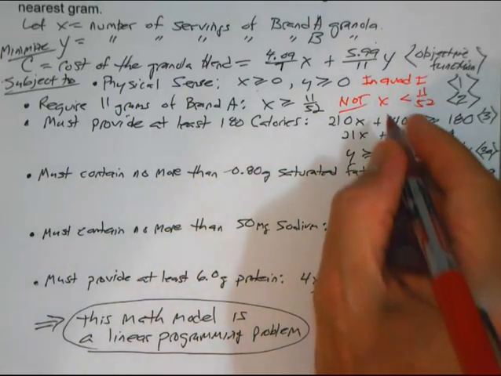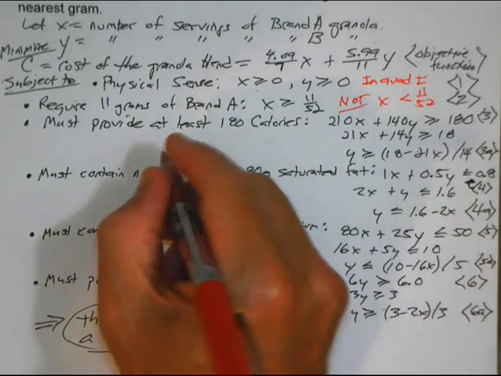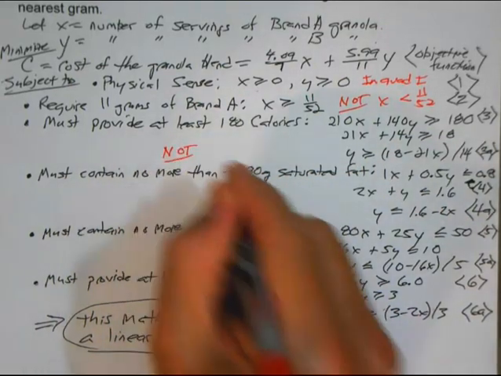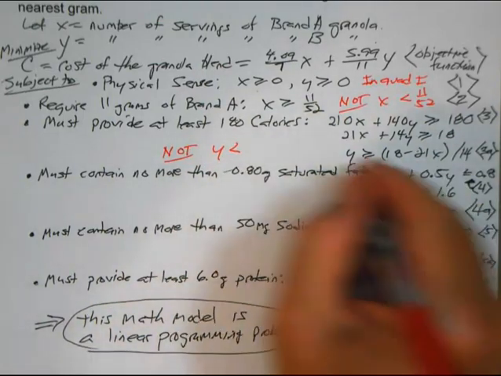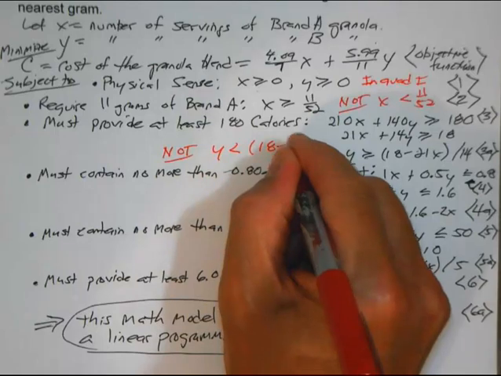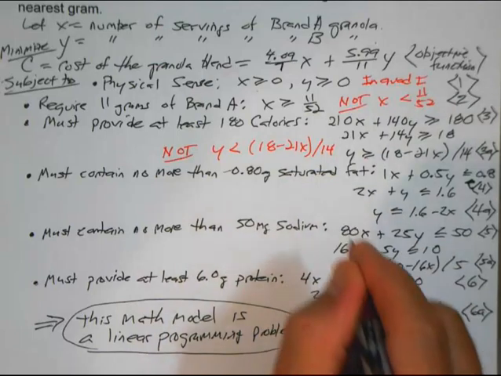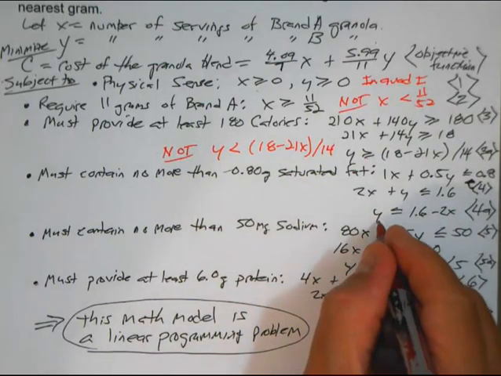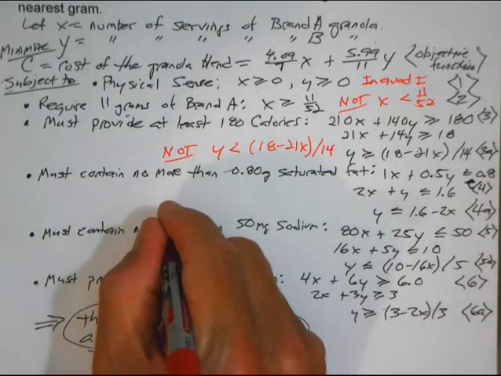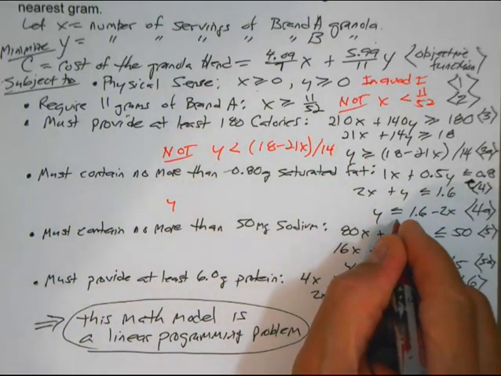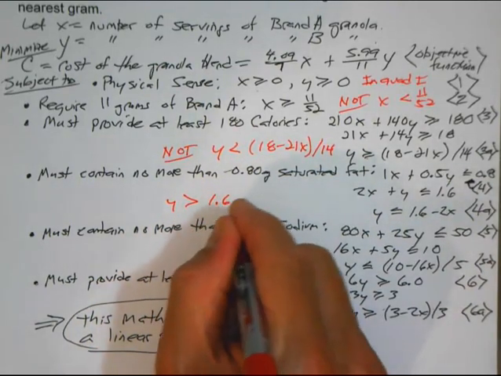Now, this one here, the complement is to say not y greater than or equal to, so y less than 18 minus 21x divided by 14. This one here, to graph what's not in this restriction, y would be greater than 1.6 minus 2x.